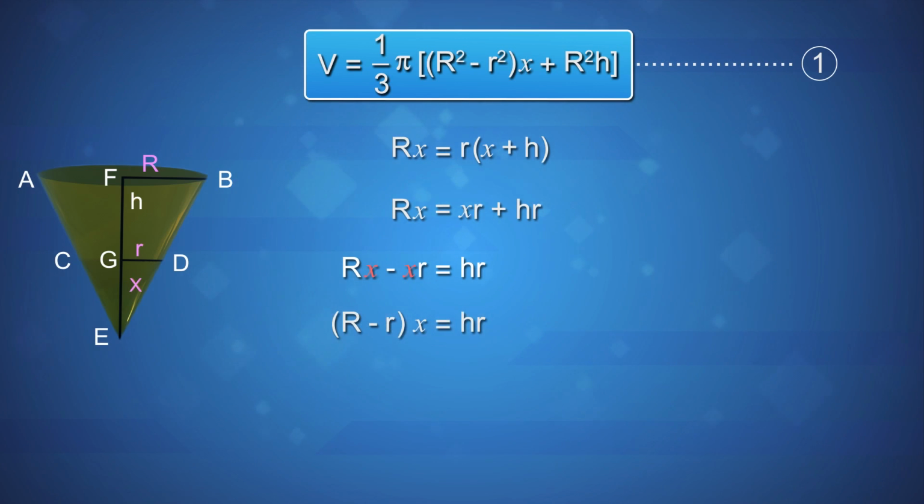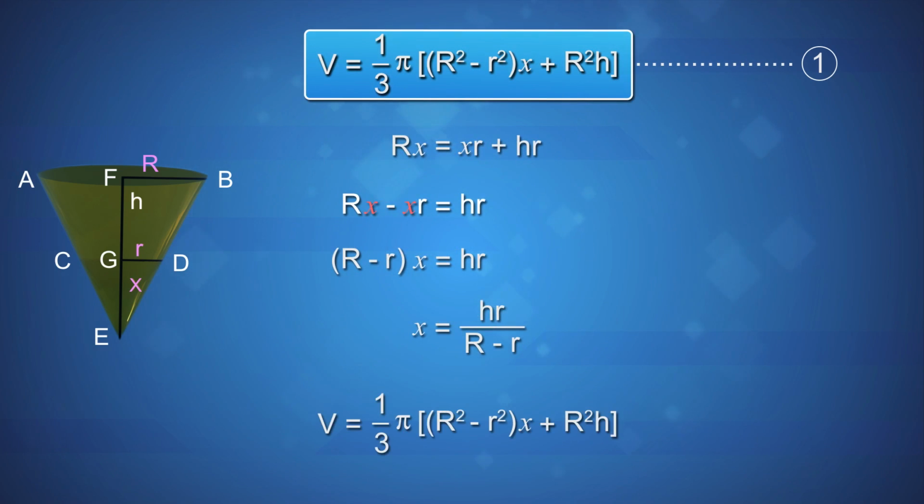From this equation, the value of x is h into small r by capital R minus small r. Now recall the equation 1. That is, V is equal to 1 by 3 pi into capital R square minus small r square into x plus capital R square h. Substitute the value of x in this equation.